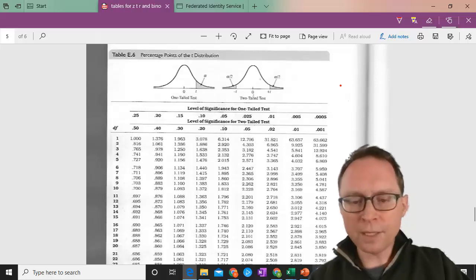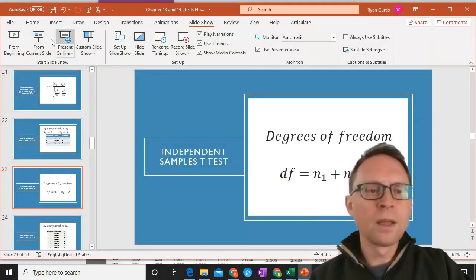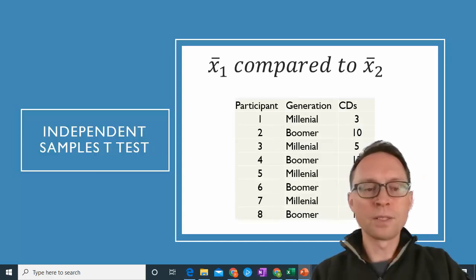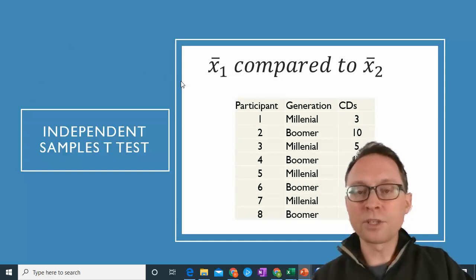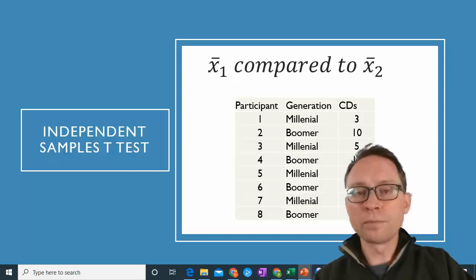So here's what we want to do next. Let's go ahead and take a look at a new example, and you calculate it and see if you can get it. I have a hypothesis that the generation you're from will affect how many CDs you own.